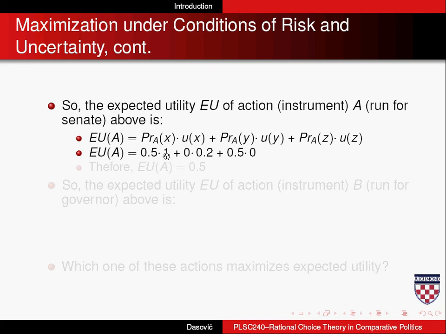We just created numbers here. The 1 doesn't really mean anything, but it does give us some idea as to how much he prefers the Senate over the governorship over not being in politics. So we argued that he prefers being senator about 5 times to being governor.